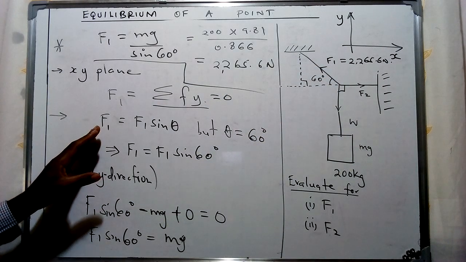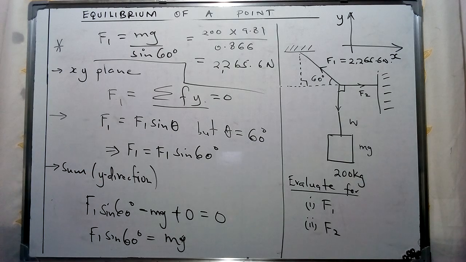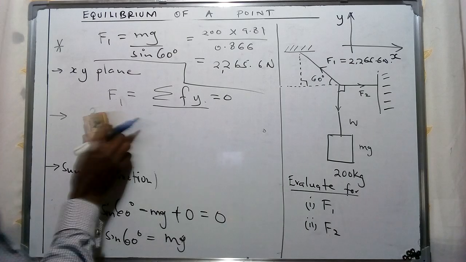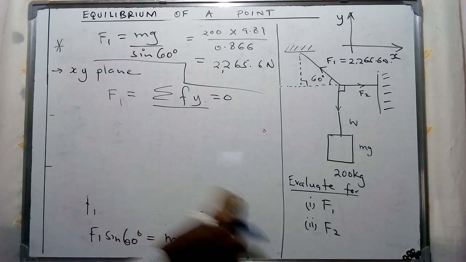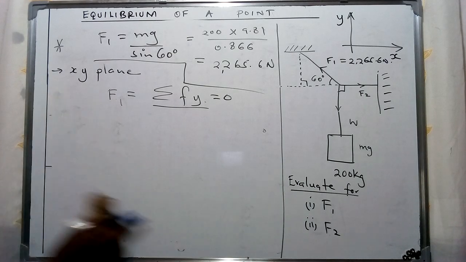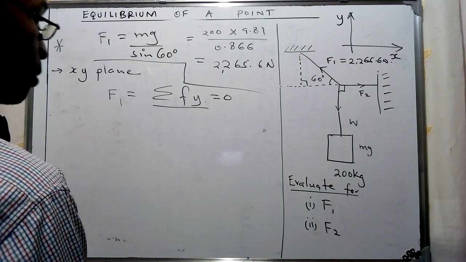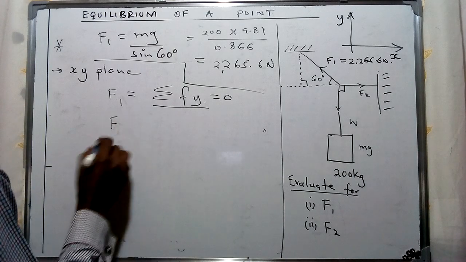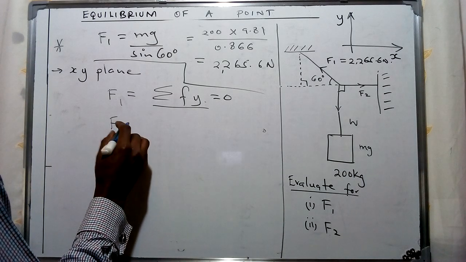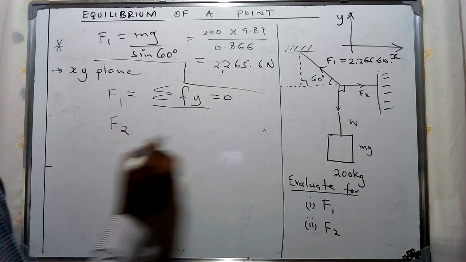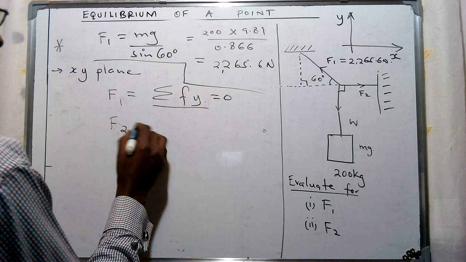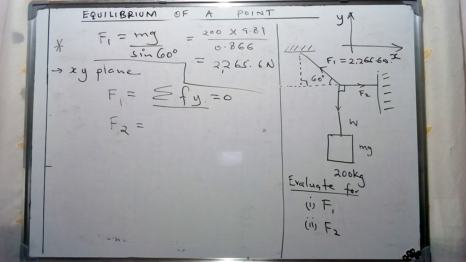And if we look at the second case for the summation of forces, especially in the y direction or y axis for the coordinate system which we have chosen, the forces involved in this case include a force given as force 2, which is going to be involved in this specific direction.